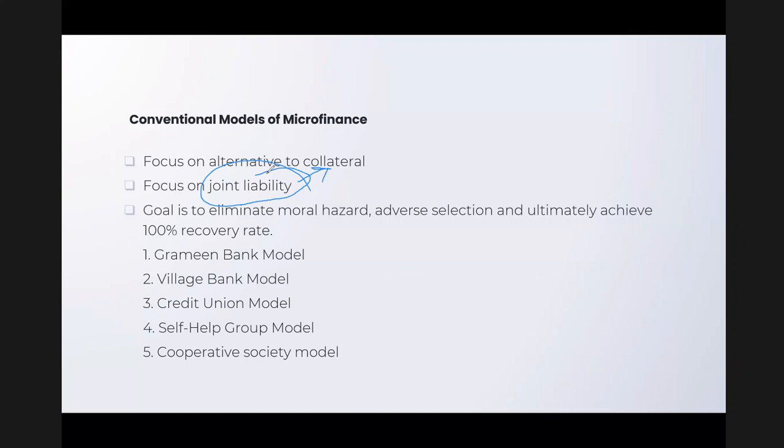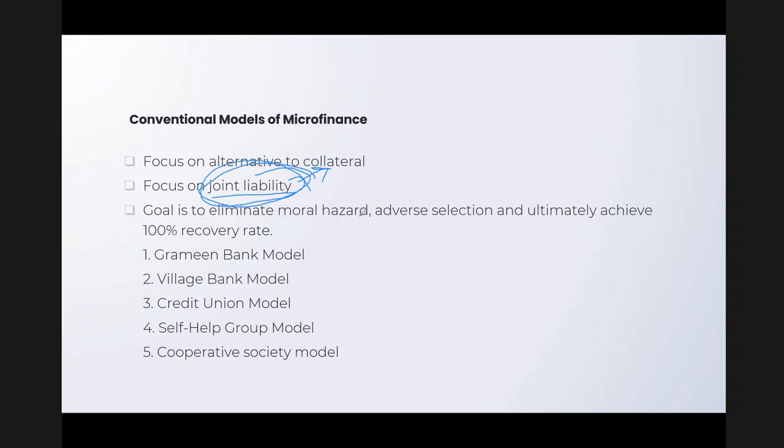For example, the penalty may be limited to not giving loans to those women in future, or maybe recovering money from the rest of the members if the group is five members. This concept is known as joint liability. Most conventional microfinance institutions follow the joint liability model.